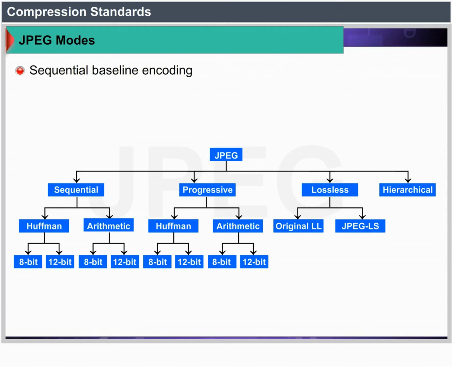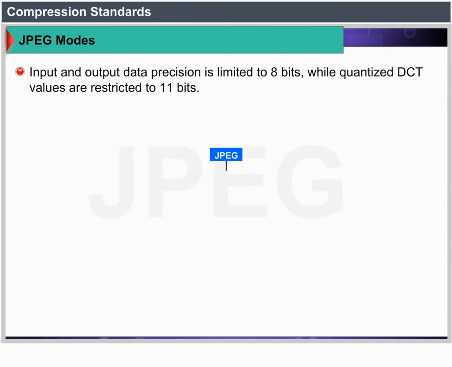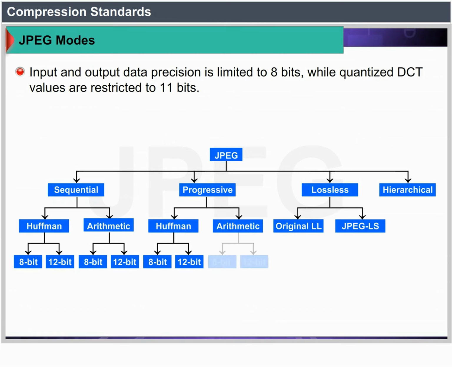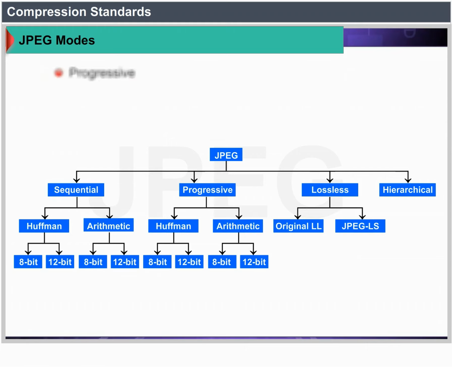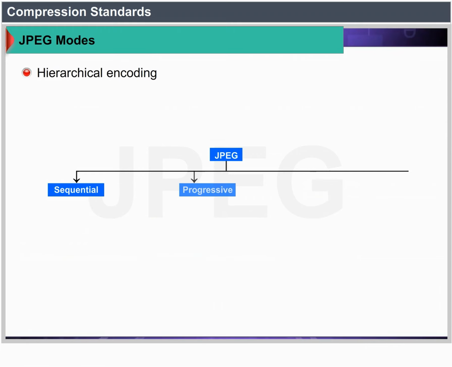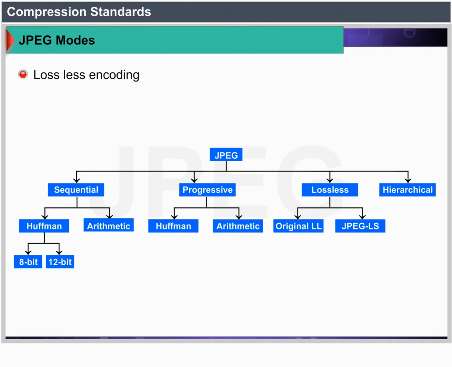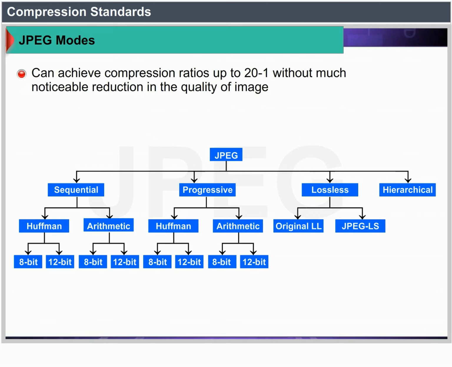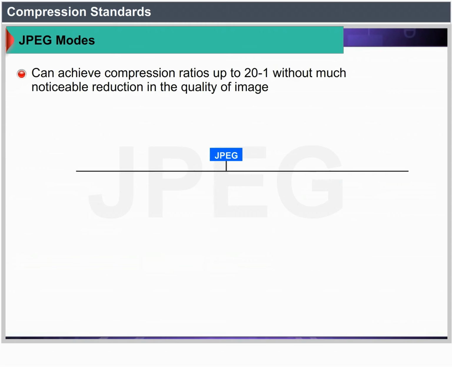Encode in 1 scan. Input and output data precision is limited to 8 bits, while quantized DCT values are restricted to 11 bits. Progressive, hierarchical encoding, lossless encoding can achieve compression ratios up to 20:1 without noticeable reduction in image quality.